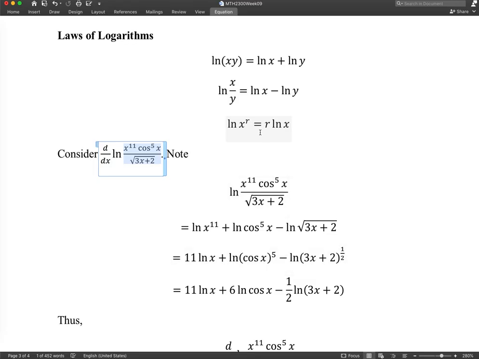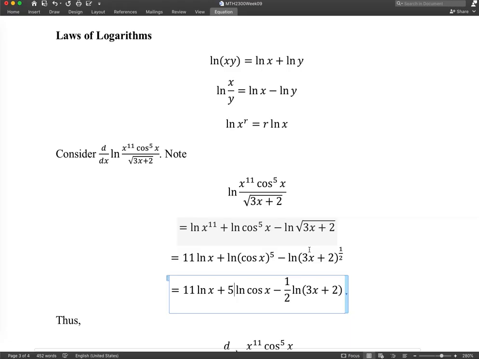Using this third law of logarithms, ln of x to the 11 is simplified as 11 times ln of x. ln of cosine x to the power 5. I just realized this 6 really should be 5 here. And for the ln of the square root, after converting into the power of 1/2, we can take down this 1/2 as the coefficient for the logarithm.